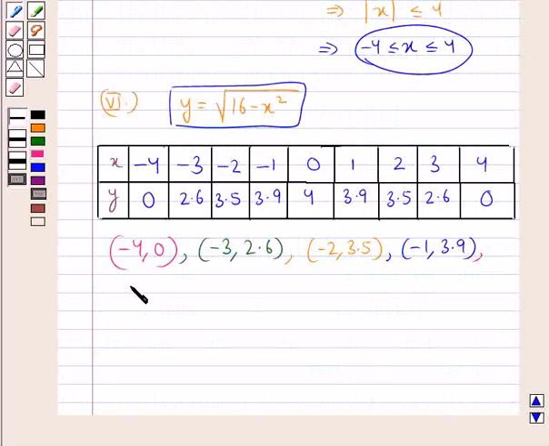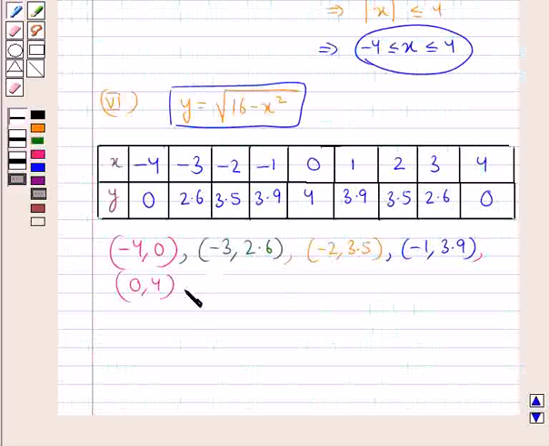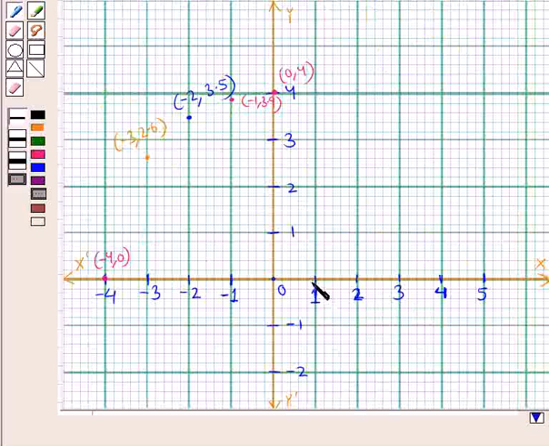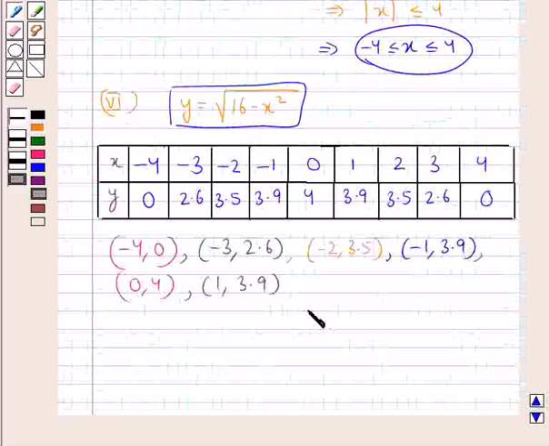The next we have the point 0, 4. This is the point 0, 4. Next is 1, 3.9. So this point is 1, 3.9. Then we have a point with coordinates 2, 3.5.